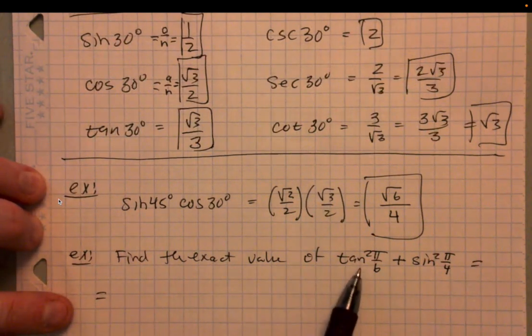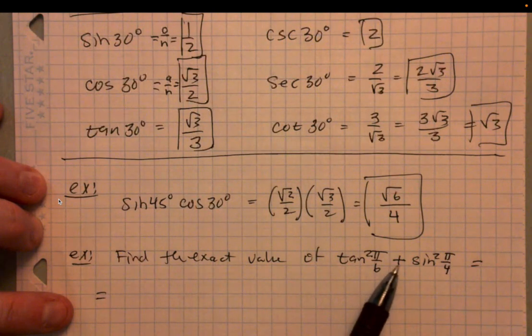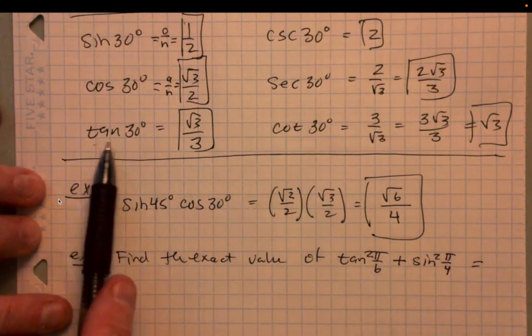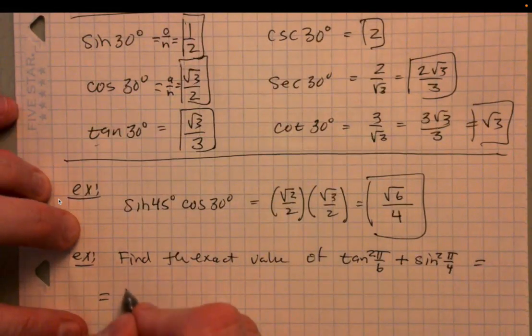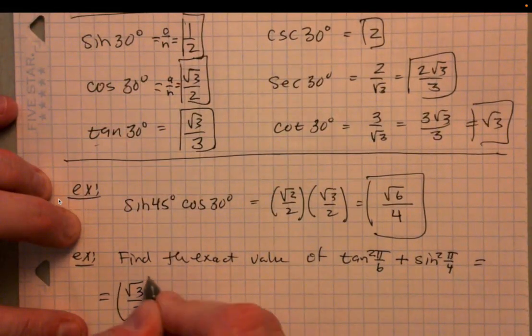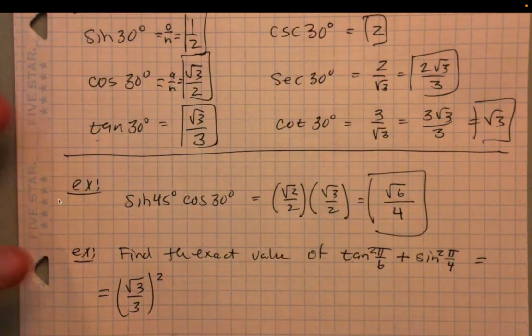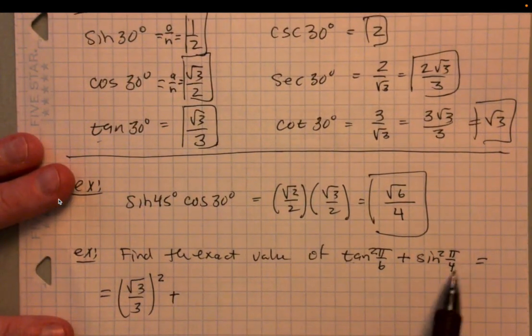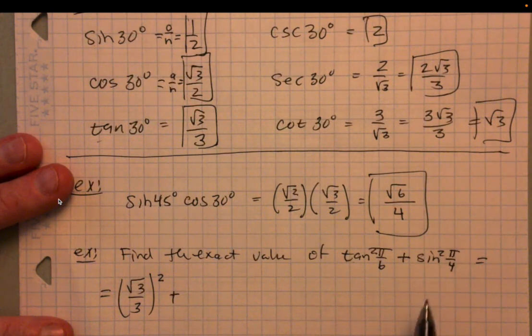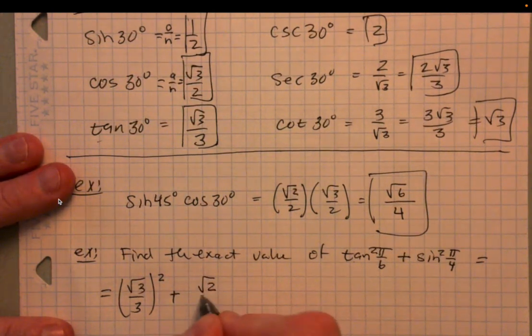We know that pi over 6 that's going to be 30 degrees, right? And so the tangent of pi over 6 is this guy, so square root of 3 over 3. And now you can see that it's squared, right? So we have to square the value. And then the sine of pi over 4, that's the sine of 45 degrees. And that one, if you recall, is square root of 2 over 2.